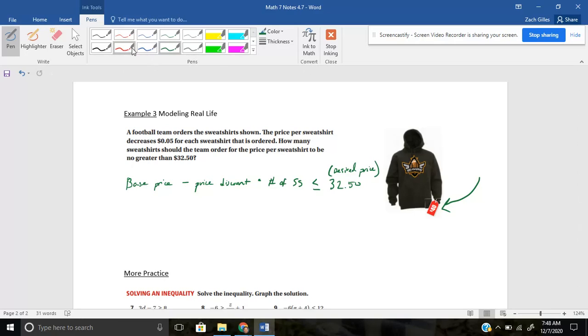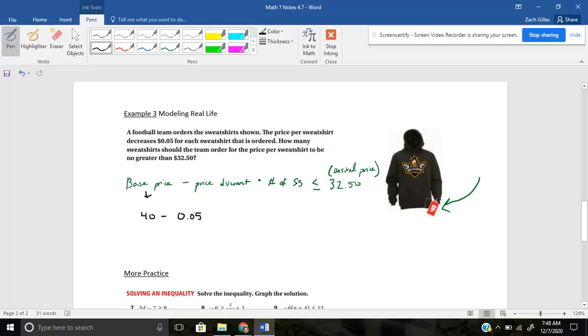Okay, so let's stick in some numbers. I know that my base price is $40. I know I get a discount of 5 cents per sweatshirt. So 5 cents times the number of sweatshirts.